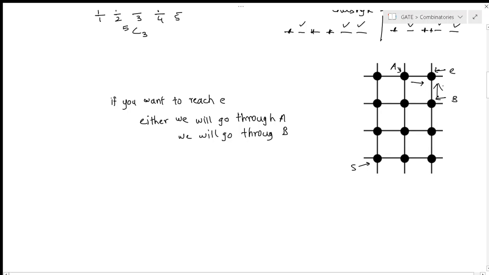So what I can say is, the total number of lattice paths for point E is equal to the total number of lattice paths for point A plus, I am adding, the fundamental principle of addition.